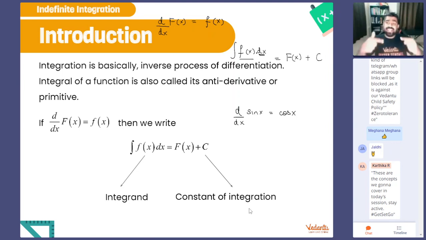So now I'll write the integral format of it. Because integration is the reverse process of differentiation, I can say the integral of cos x dx is equal to sin x plus c. Did you all understand that? Everybody cool with it? Now this would have made things clear to you.